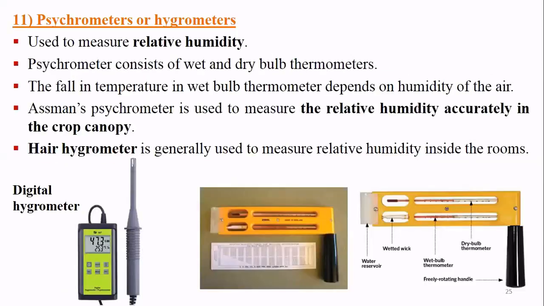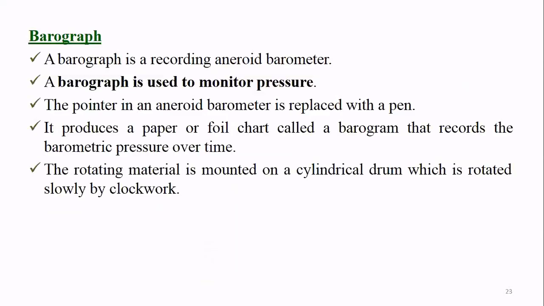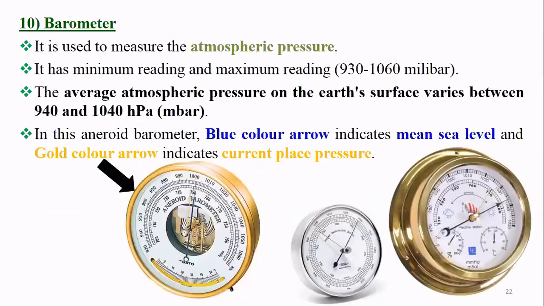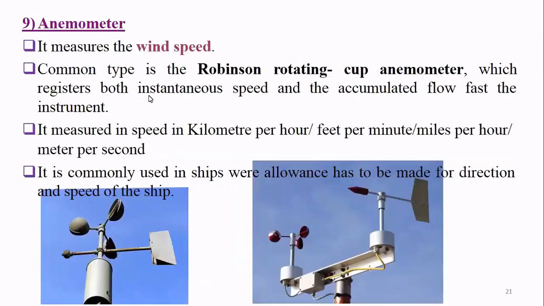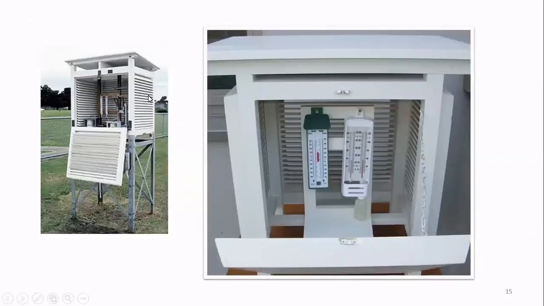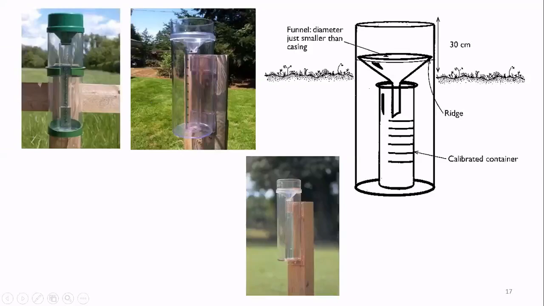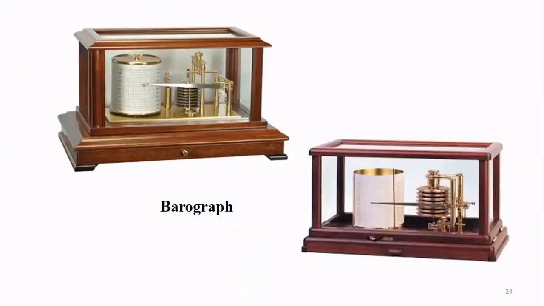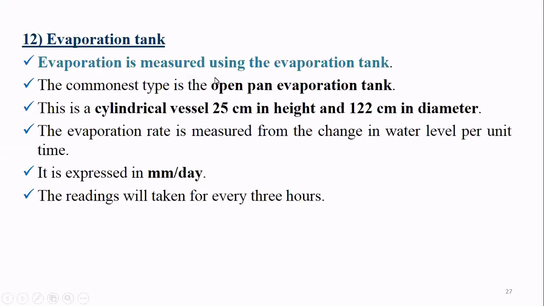It's the most essential instrument placed in a meteorological station. You can easily identify it. The evaporation tank is used to measure the evaporation rate. The common type is the open pan evaporation tank.